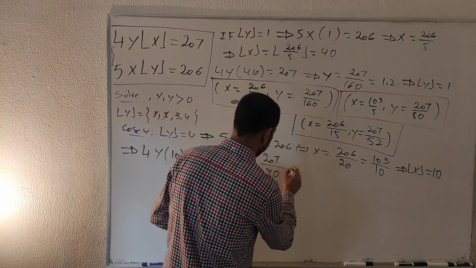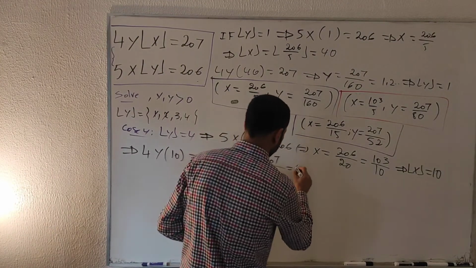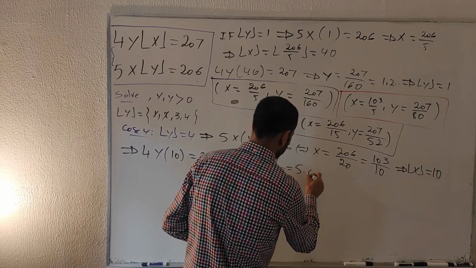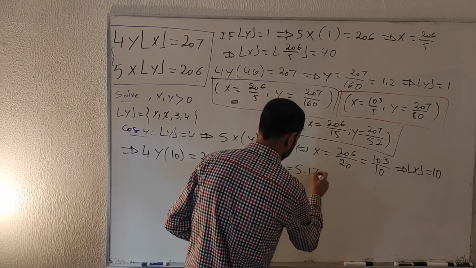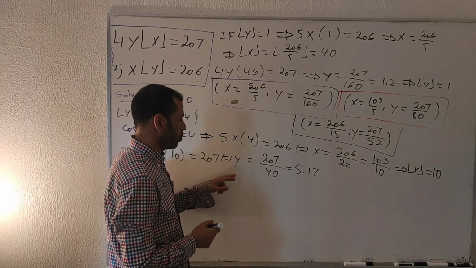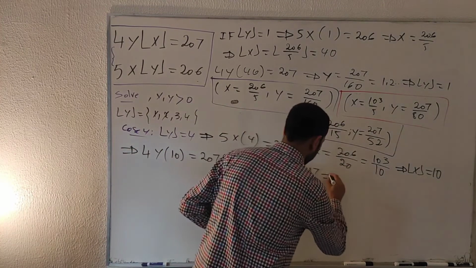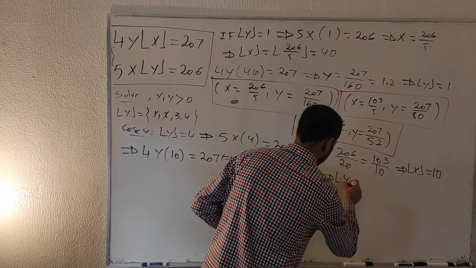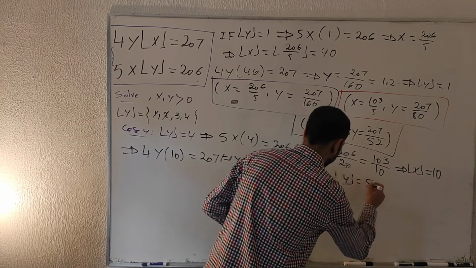If you calculate this fraction, it gives 5.17. If you apply the floor on y here, I get the floor of y equals 5.